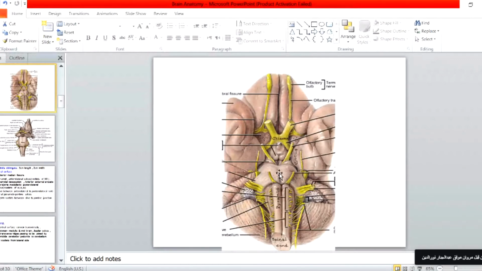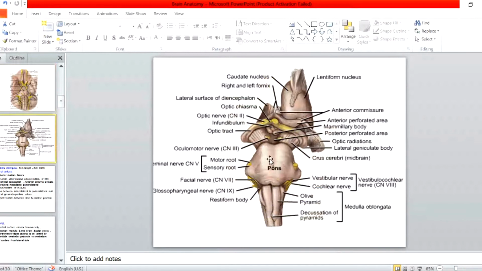From the ventral surface of the pons emerges only 1 cranial nerve, the trigeminal nerve, the 5th cranial nerve, while the last 7 emerge from the ventral surface of the medulla oblongata.